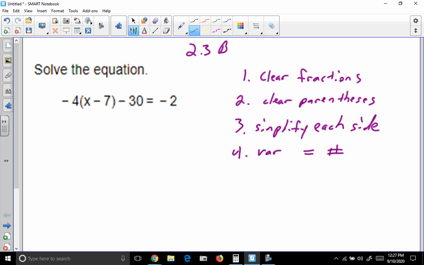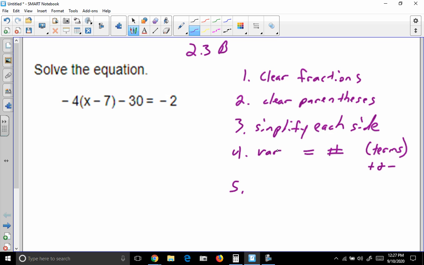It doesn't really matter which side we get which on, but we want the variable we're trying to isolate on one side. If it doesn't have that variable, we want it on the other side. And these are terms that we are moving back and forth. And the way we move terms back and forth is by adding and subtracting.